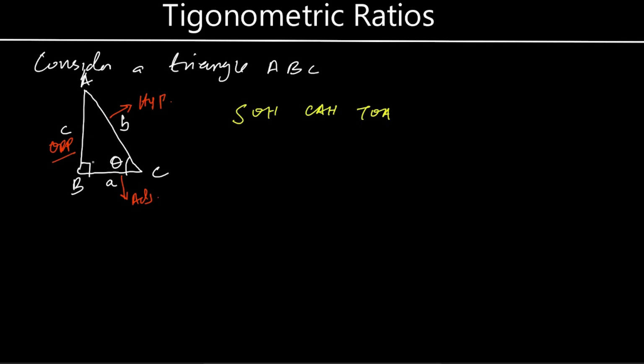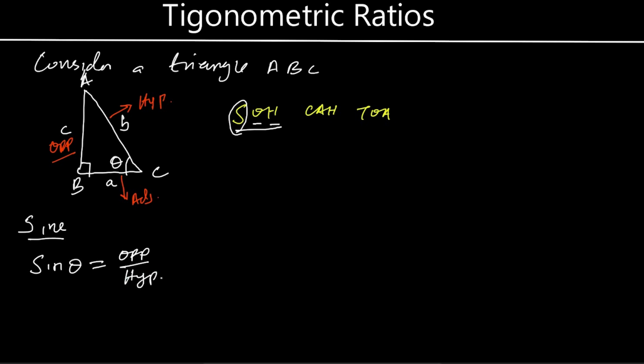Now, from this, we can start with the first trigonometric ratio, and that is the sine. And from this definition of SO, the side opposite and hypotenuse will define the sine that you are looking for. So that sine theta is going to be defined by the opposite divided by the hypotenuse.